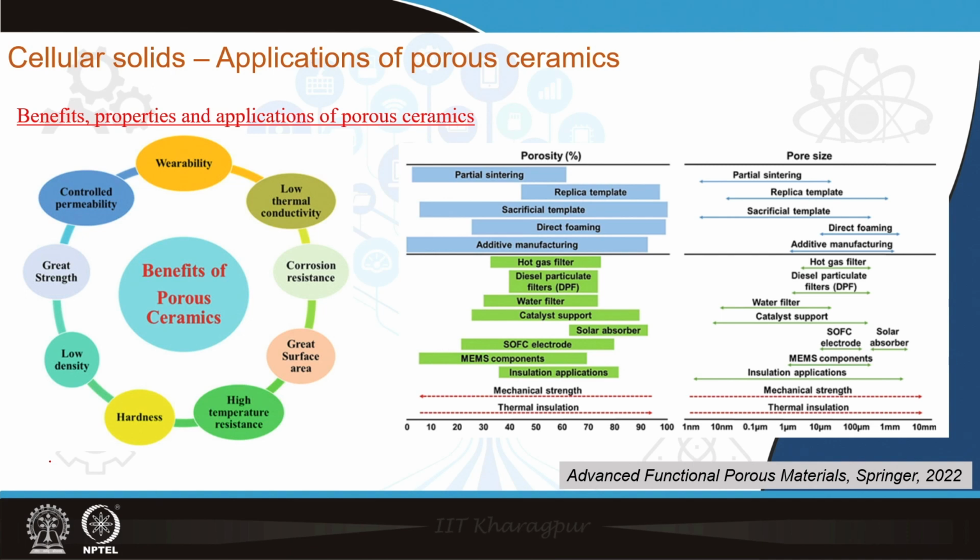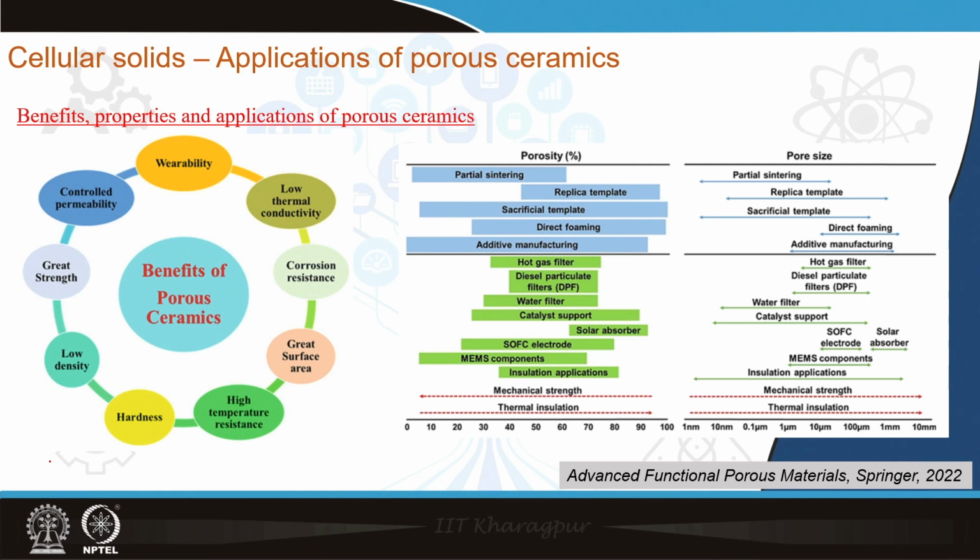In the next lectures, we will discuss the fabrication processes for porous ceramics. But what we can see from the right hand side table or image is that porous ceramics can be fabricated over a wide range of porosity, starting from almost dense ceramics to a very large amount of porosity approaching more than 90%, and the pore size can also be varied over a wide range, starting from the nanometer range to even the millimeter range.